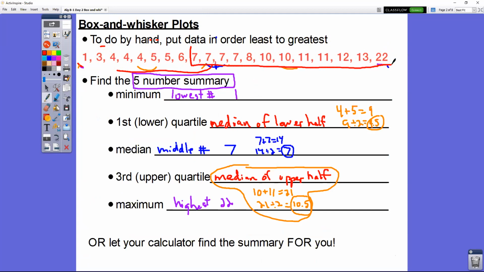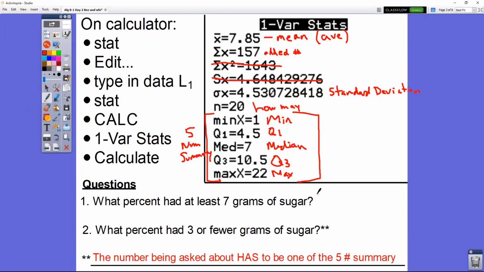So I'm taking a look at all of these. All right, so there are 1, 2, 3, 4, 5, 6, 7, 8, 9, 10, 11, 12. So there are 12 out of the 20 that have at least 7 grams. Now, to make a fraction into a percent, we have to do top divided by bottom, move the decimal point over 2 places. So this represents 60%.